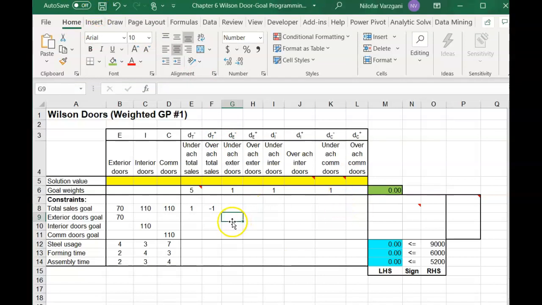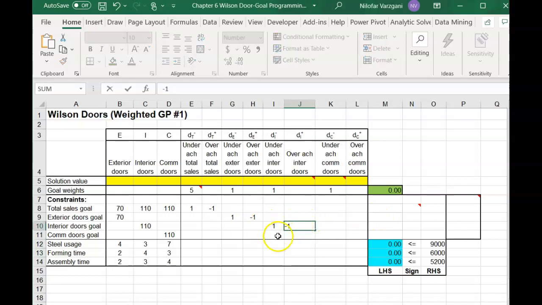The same way for the exterior goals, DE negative and DE positive are the deviation variables associated with it. So I'll put plus 1 for DE negative and minus 1 for DE positive. The same way for the third goal, which is interior doors, I'll put plus 1 for DI negative and minus 1 for DI positive.